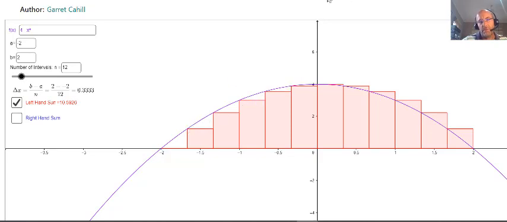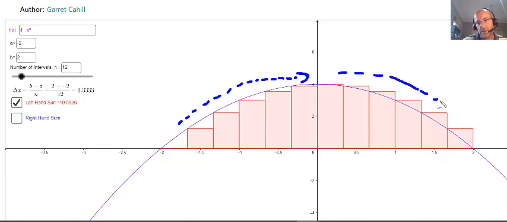rising interval, you can see that it behaves differently to when the interval's falling. So this is rising, the increasing function in that interval, and a decreasing function is going down in that interval.